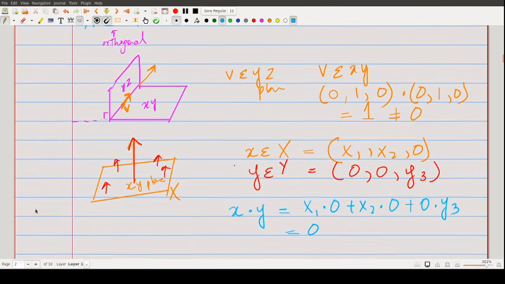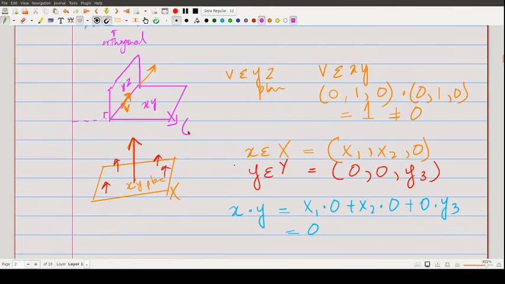Over here we did not have this, because vectors in this space can be written as x1, x2, 0, and vectors in that space have no x component, but there is a y component and a z component. So when you take the dot product, it's going to be equal to x2 times y2, and that's not guaranteed to be 0. It may be 0 in some particular cases, but not in all possible cases. Okay.